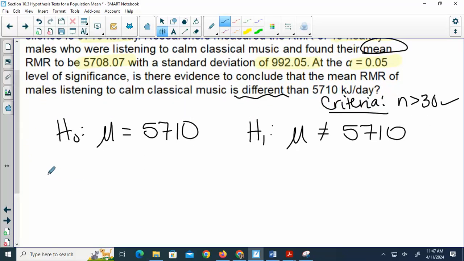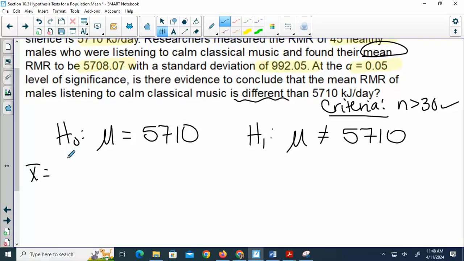All right, so what is the mean for our sample? If we are looking back, the group we had, what was our mean? We'll call that x bar since it's for the sample. What did it say in the problem?